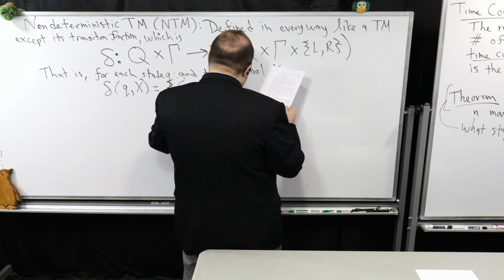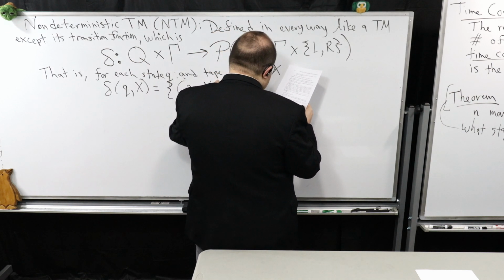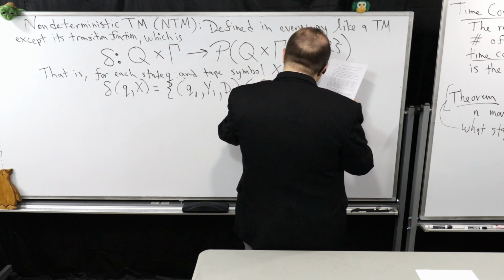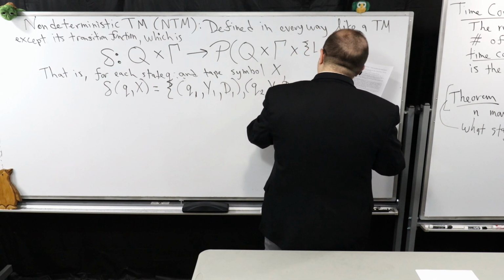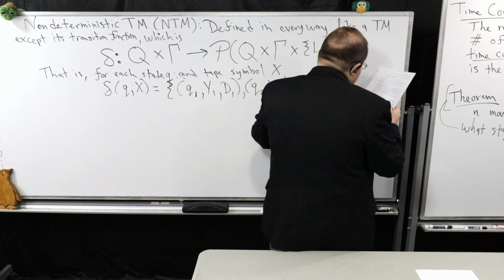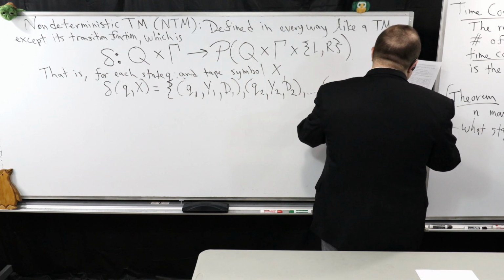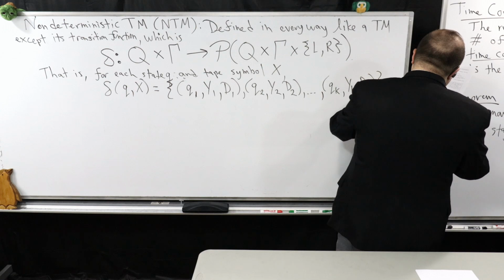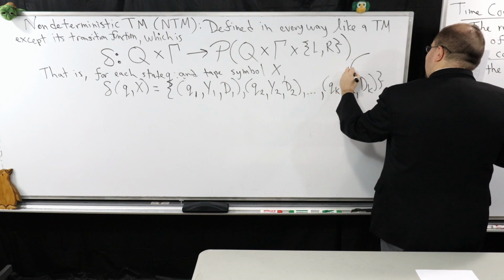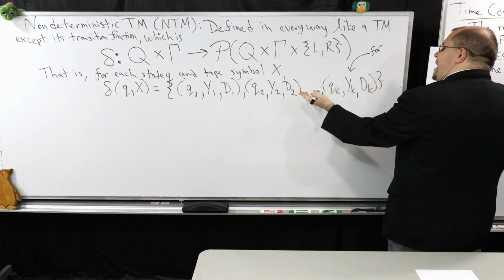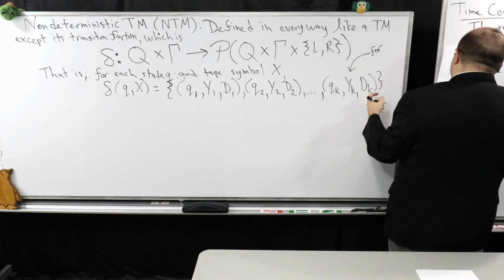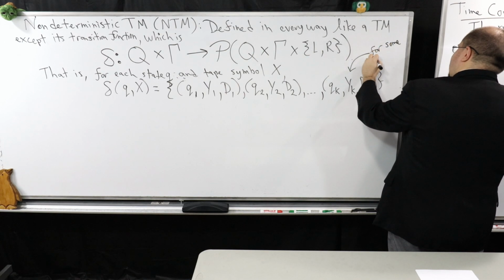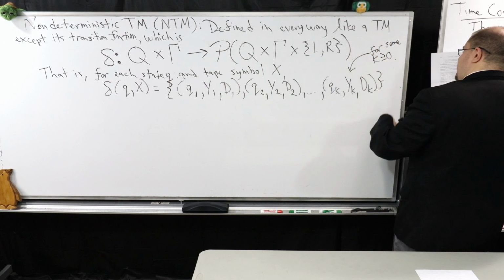We're going to have (Q1, Y1, D1), (Q2, Y2, D2), all the way up to some (QK, YK, DK). And this is for some integer k, so they can differ in their size. It's just some k for some k greater or equal to 0.